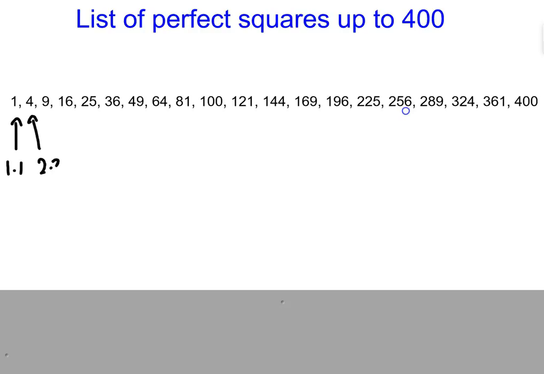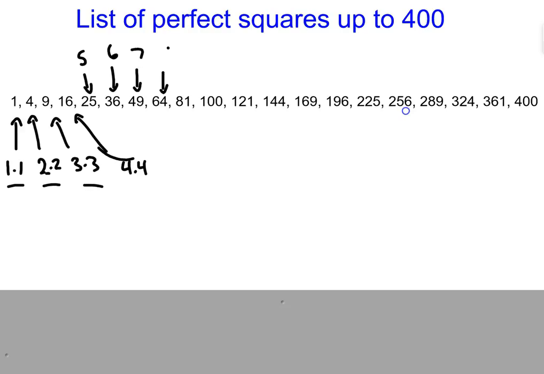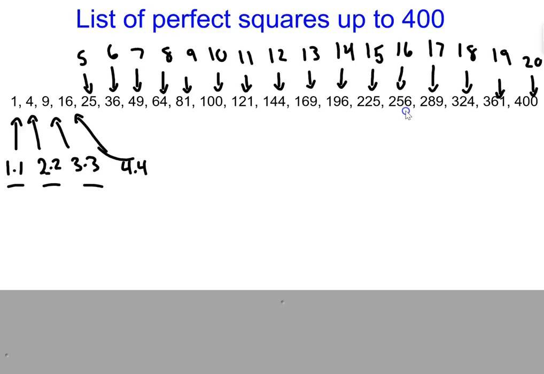So what is 2 times 2? 4. You just literally count up and multiply each number by itself, and that continues to give you a perfect square. So as you can see, 1 times 1 is 1, 2 times 2 is 4, 3 times 3 is 9. So as you go forward, 5 times 5, 6 times 6, 7 times 7, and so on. There you go.